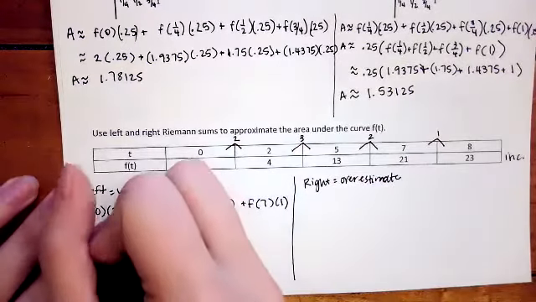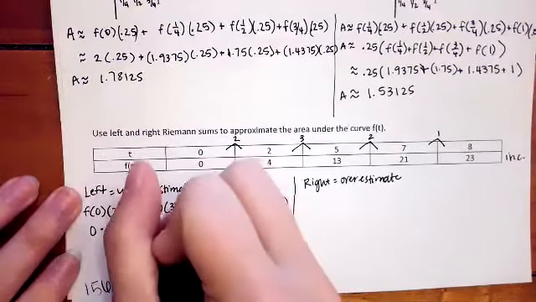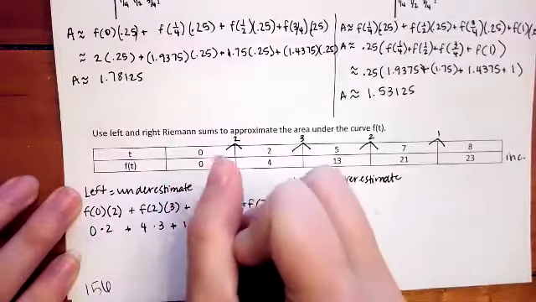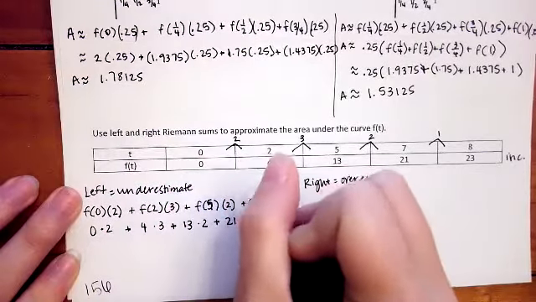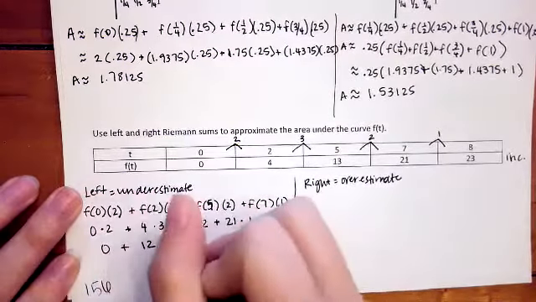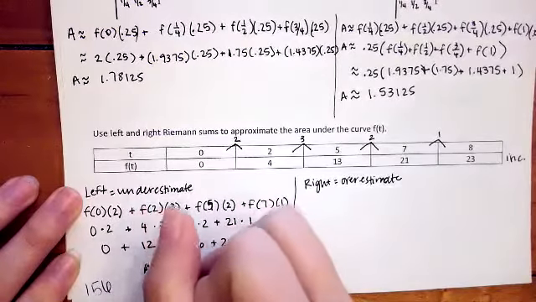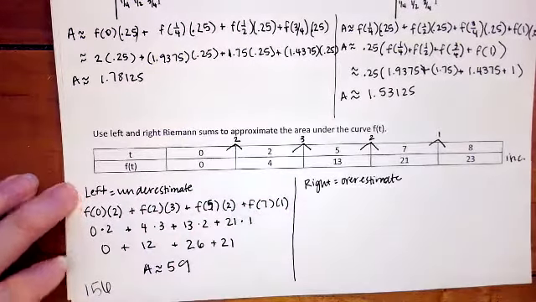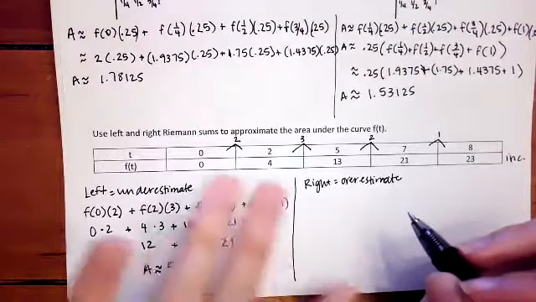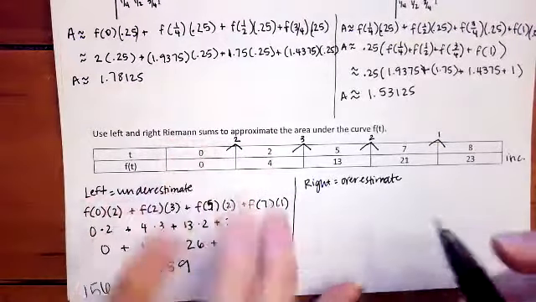Okay, we're given these values. And we have an area that is approximately 59 as a left estimate. For our right estimate, we're going to work from the right backwards, or you can leave off f of 0.